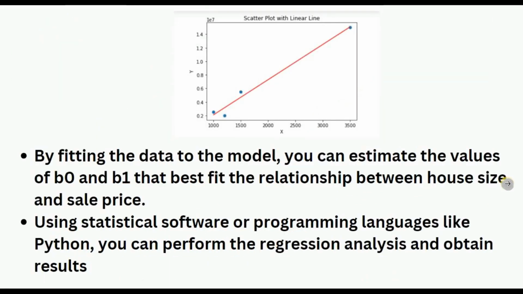By fitting the data to the model, you can estimate the values of beta null and beta 1 that fit the relation between house size and sale price. Using statistical software or a programming language like Python, you can perform the regression analysis and obtain the result. So you have understood the formula, and then we can put the values there.